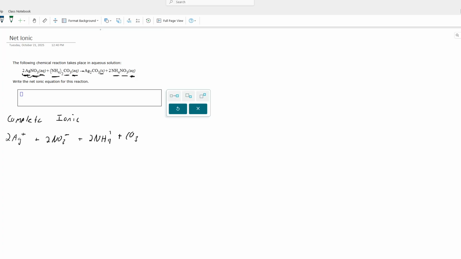The ammonium is a +1, plus the carbonate, 2 minus. And that's going to yield Ag2CO3. You do not split that up because it is a solid. Plus 2 ammoniums plus 2 nitrates. This is the complete ionic equation.